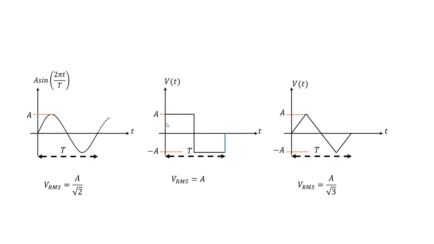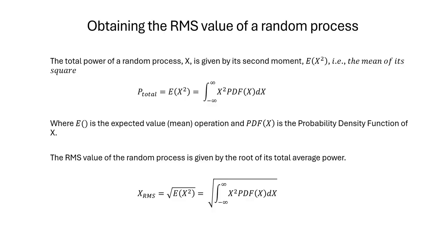Another example here is an antipodal square wave, which can take amplitude A and minus A. The voltage RMS here is simply like a DC voltage source with value A. And the last example is the antipodal triangle signal, for which the voltage RMS is A divided by the square root of 3.